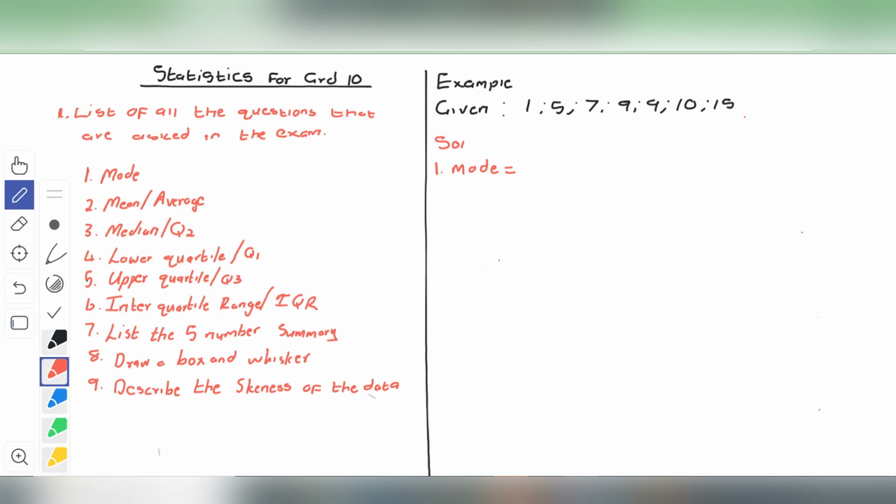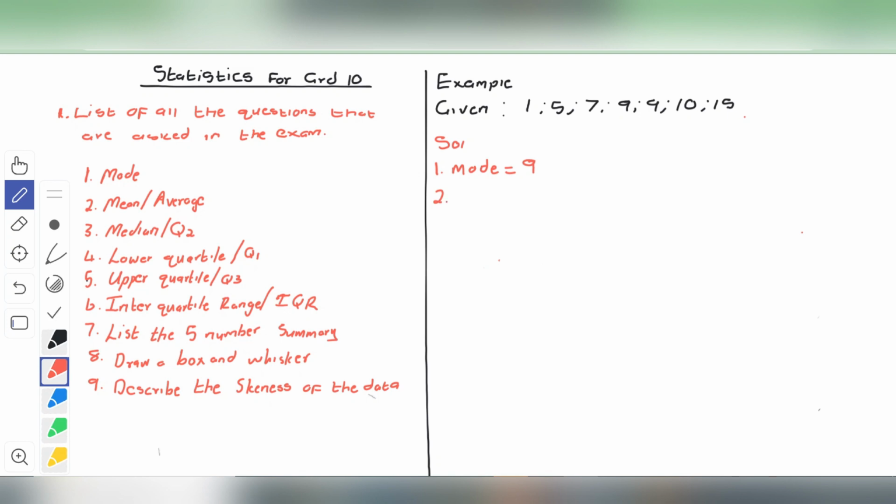We can see that 1 occurs once, 5 once, 7 once, 9 twice, 10 once, 15 once. So the number which occurs the most is 9. Therefore we write it down, and we're done with question 1.